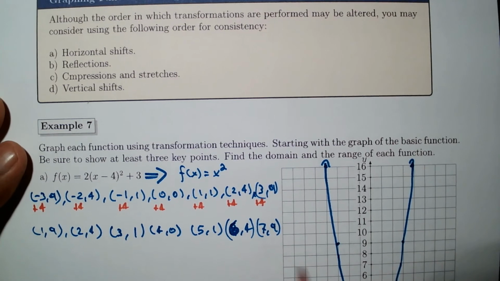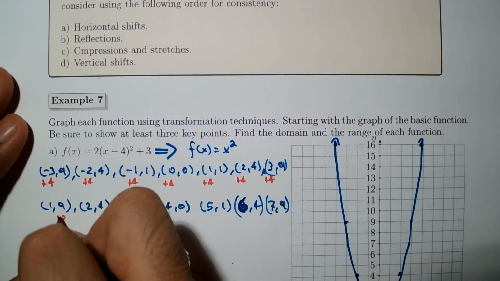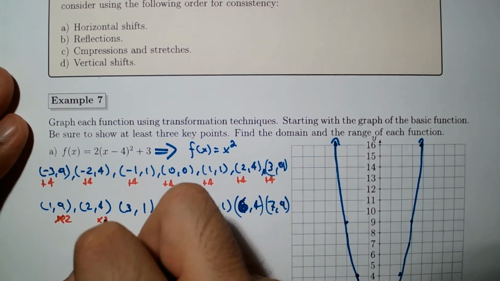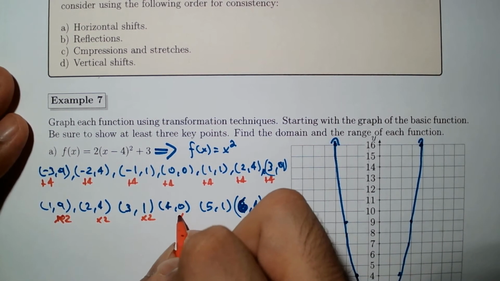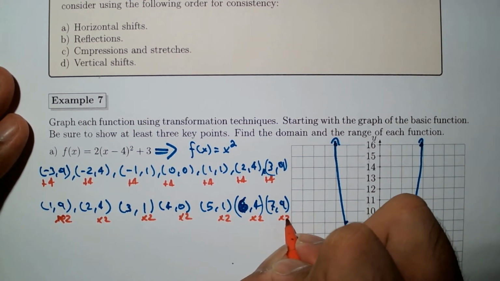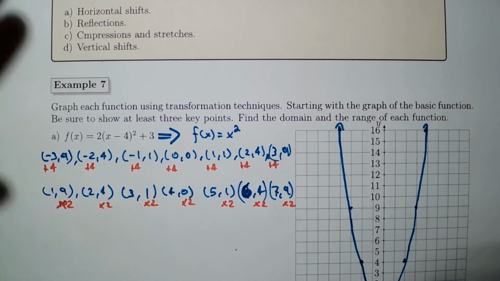So 2 times 9 is 18, and we multiply only the y values. The x values are going to remain the same.